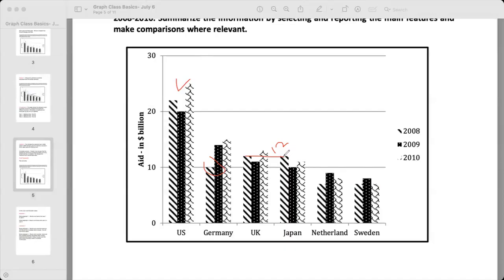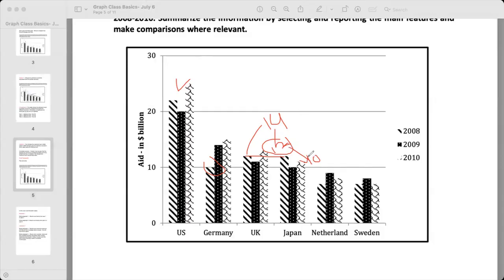How are they similar? For example, let's imagine UK and Japan both were 12 in the first year. But in the second year, UK gave 14 and Japan gave 10. Now, I believe they are more different than they're alike. Okay, they both gave 12 in the first year, but then the funding by the UK increased and the funding by Japan decreased.